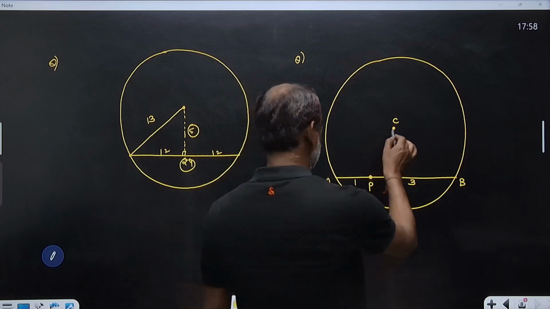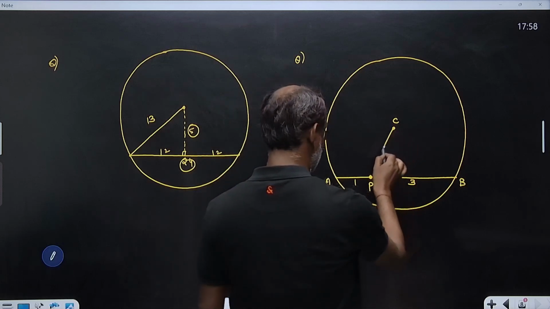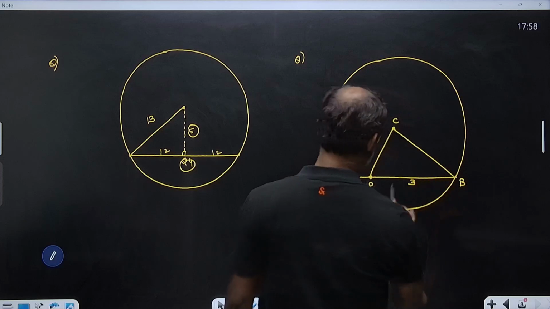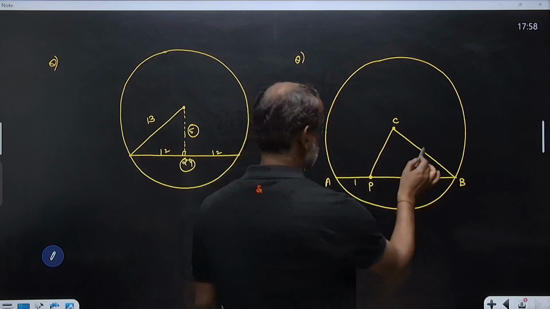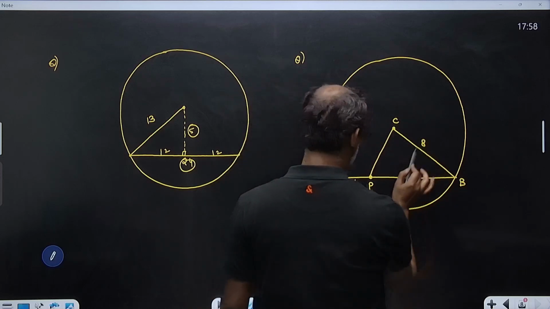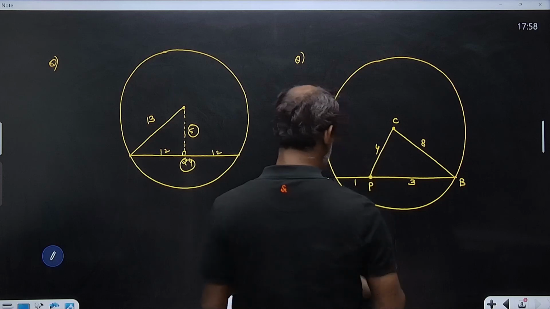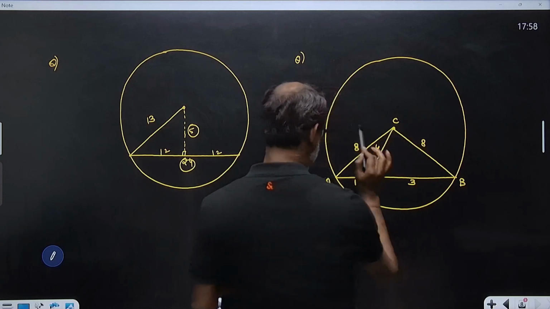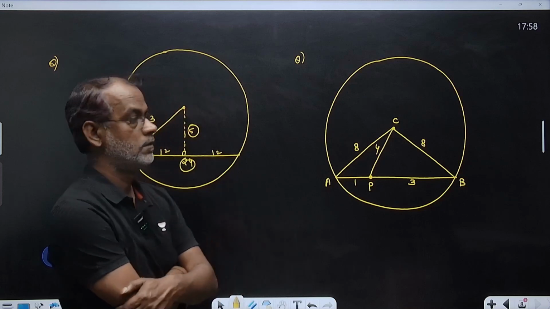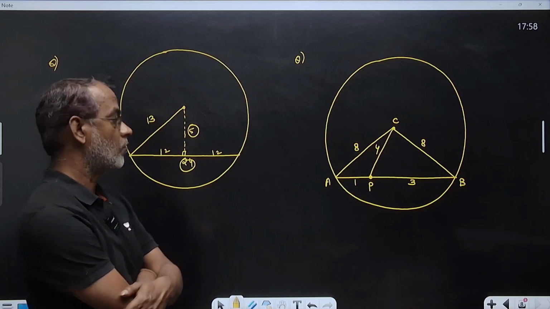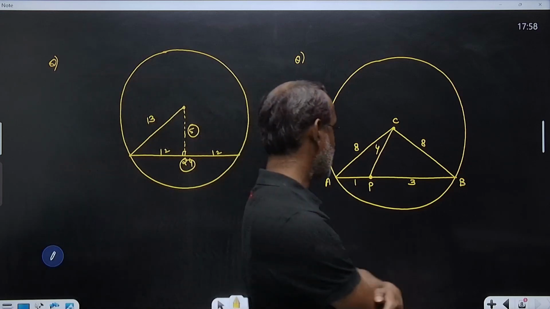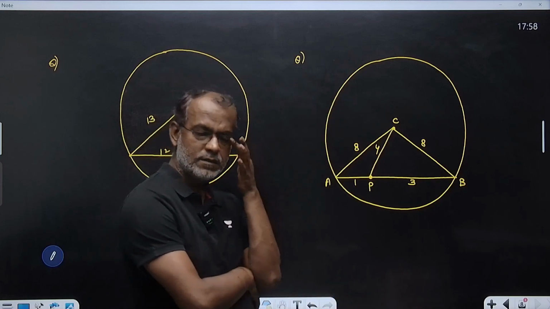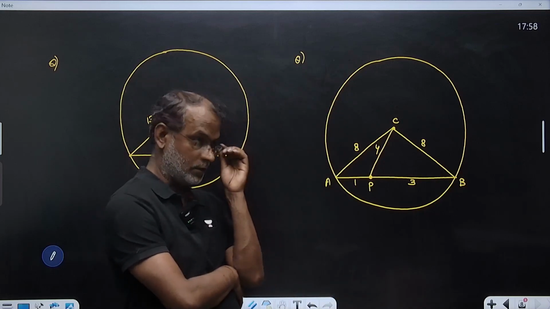Now, if somebody is asking you to find, given that the radius, suppose I give you the radius as 8 and this distance as 4, what is the length of this chord? We are being asked to find the length of this chord. This is the ratio 1:3.